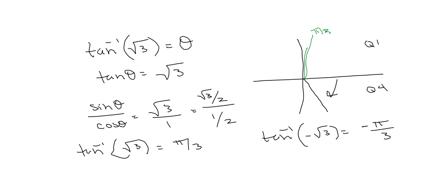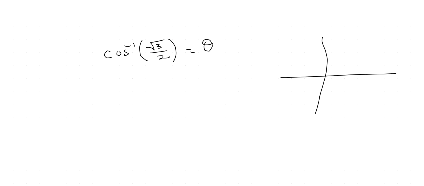So let's just talk about cosine inverse. Cosine inverse of root 3 over 2 is going to give me an angle. That's the same thing as asking which angles do I get root 3 over 2.